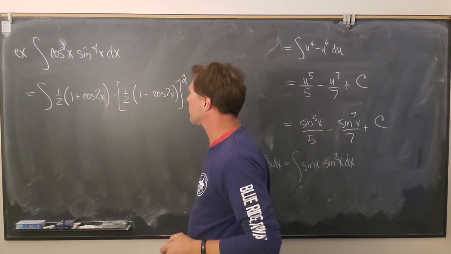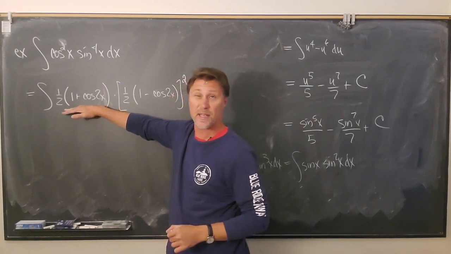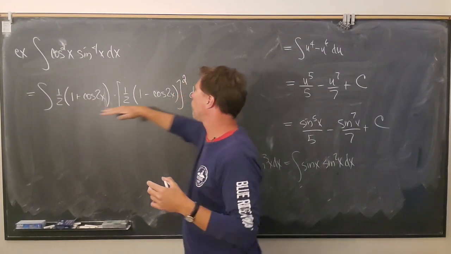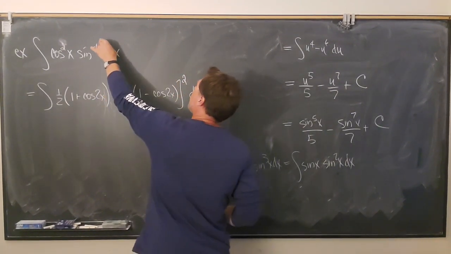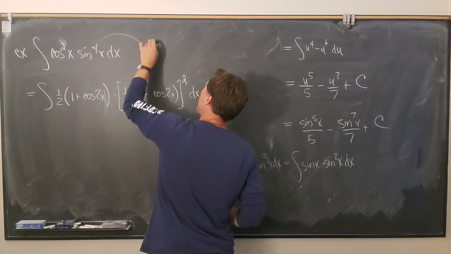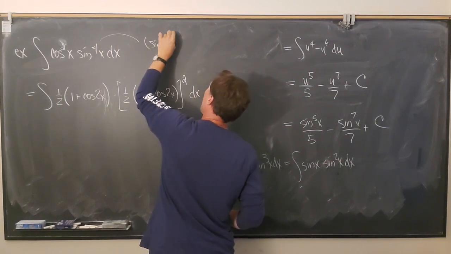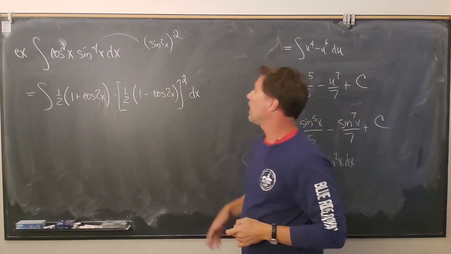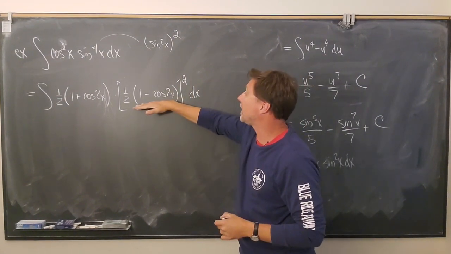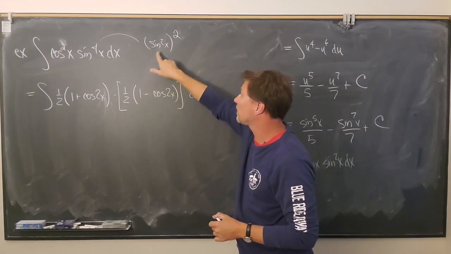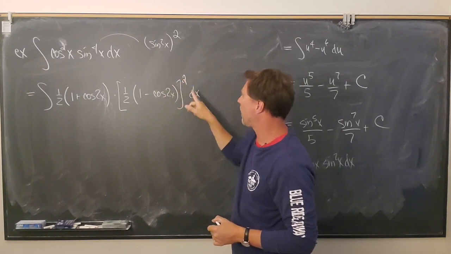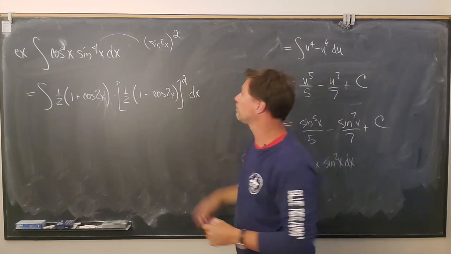So what just happened, for the cosine squared, I applied identity number 2 directly. For the sine to the 4th, remember, sine to the 4th is sine squared x squared. And so I've applied identity number 3 to the sine squared portion, and then outside we have it squared.